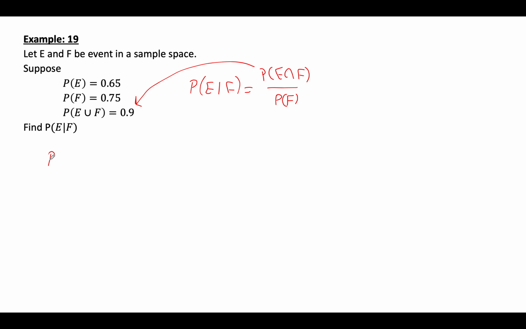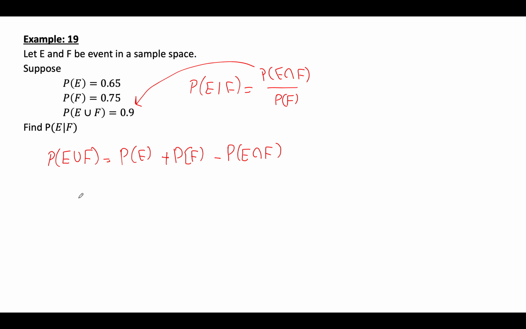All we know is that the probability of E union F is equal to the probability of E plus the probability of F minus the intersect. All right.